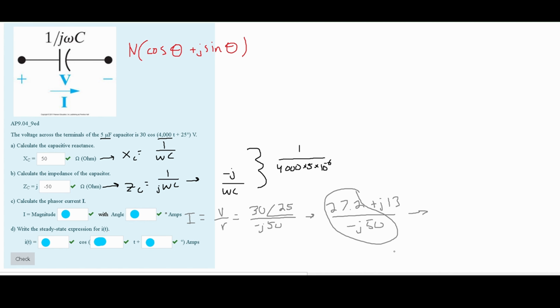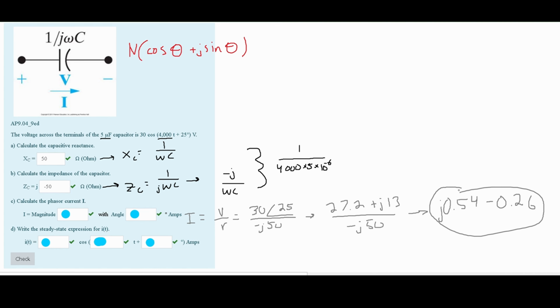But we want to flip our j up top, so it's going to be a negative j. And a negative times a negative is a positive, so we are left with a positive j times 0.54. Now we look at the other part. Our j's cancel out, so we're just left with 13 divided by negative 50, and this is going to give us approximately negative 0.26.